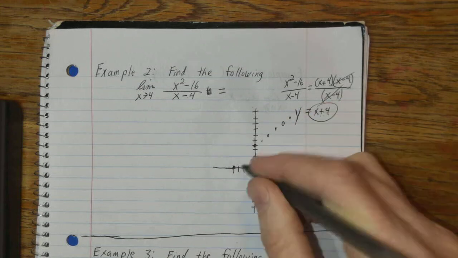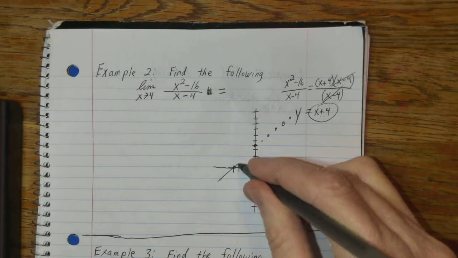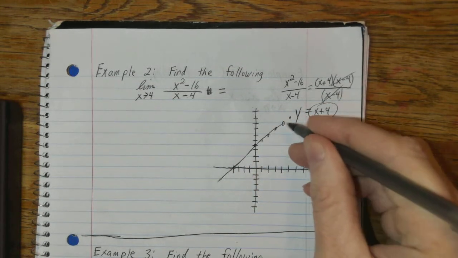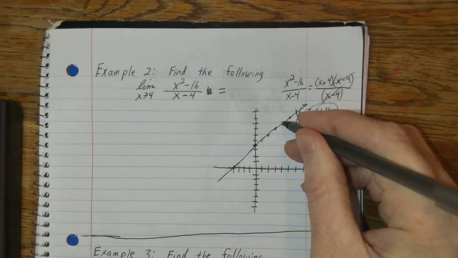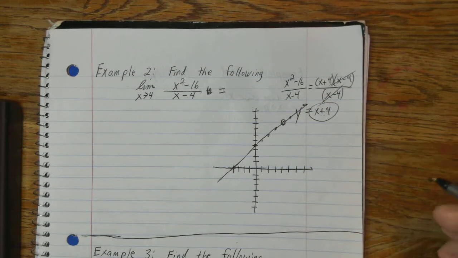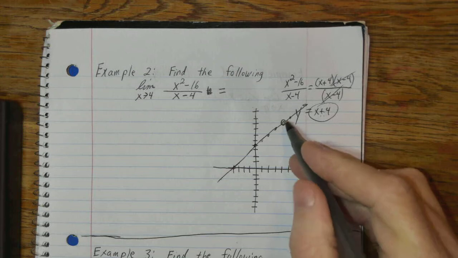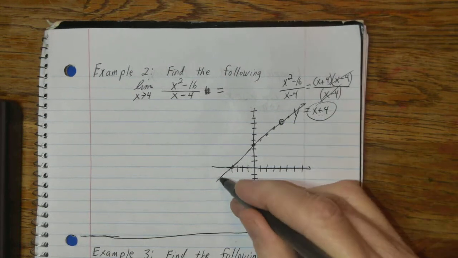So here's our graph, and I have that open circle here because there's a hole in the graph.